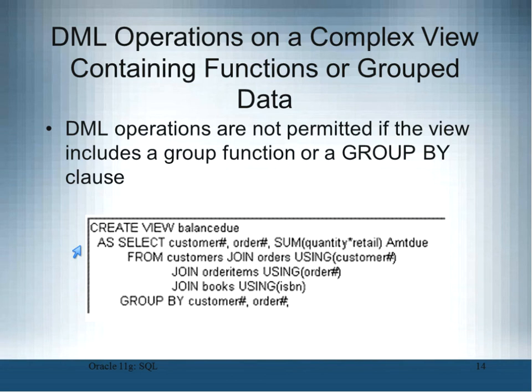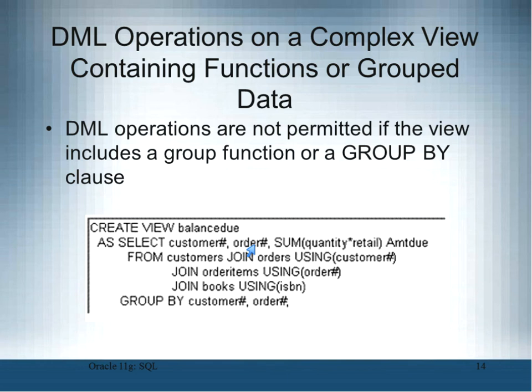And so avoid performing update, especially on the complicated ones. If you're updating orders, then the underlying table, because we're going from customers, orders, order items, and it's a join.